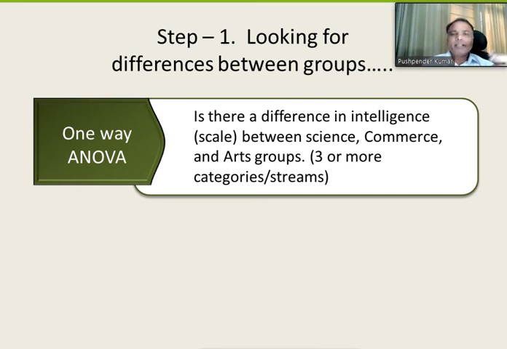So independent variables here you can see three groups. So when it's three or more categories, here three streams I have taken. You can take any three variables. In that case, you're going to use one-way ANOVA. So it's for difference between groups.